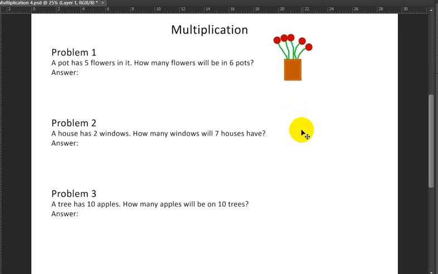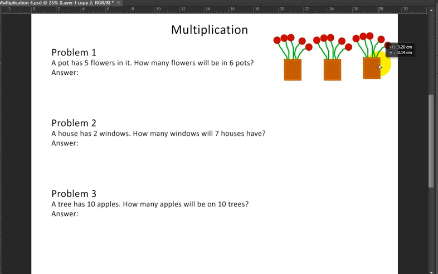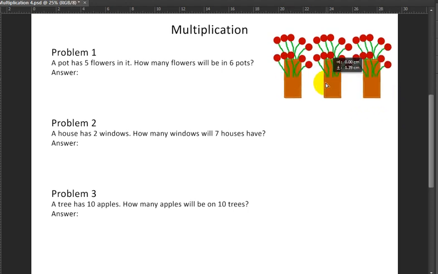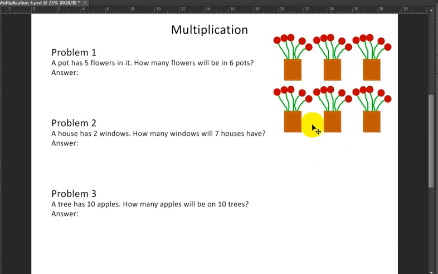So we can make another one, and then another one. So that's 3, and then another 3, for a total of 6. So here we have to do, to find out how many flowers there are altogether, 5 plus 5 plus 5, because there are 5 flowers in each pot.